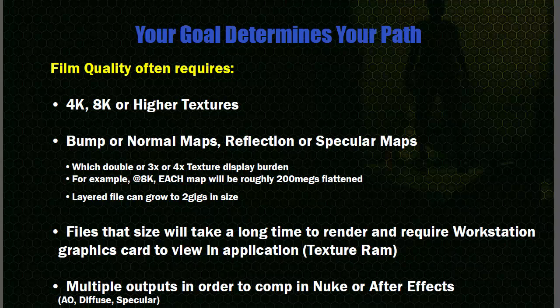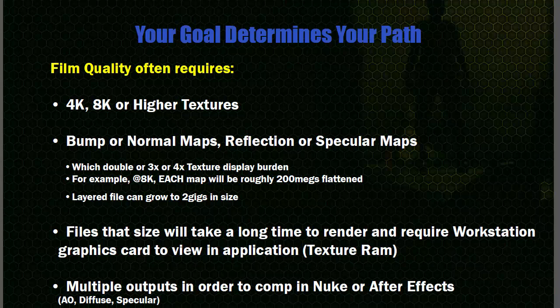So just as I said, files that size will take a long time to render, and they require a workstation graphics card to view in the application. Once you get into an application such as Cinema 4D or Maya or Max, your wait times just to do things like orbit around the model are going to expand, and it robs you of being able to look at those textures in context.